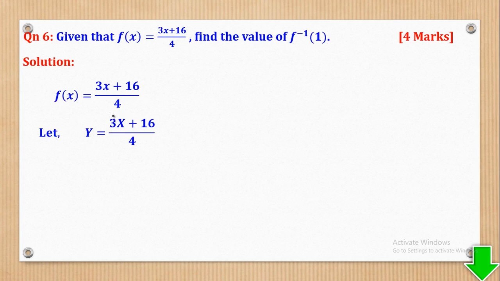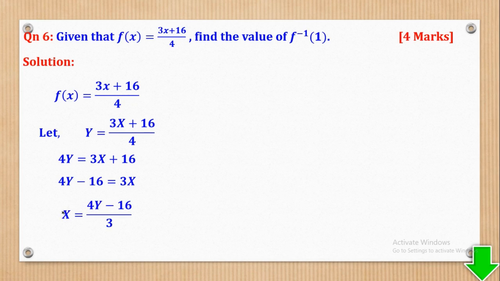So to make it the subject, we shall go step by step. First of all, we shall cross multiply, bring this 4 this side to come up with 4y is equal to 3x plus 16. After that, we shall take this 16 this side to come up with 4y minus 16 is equal to 3x. And after that, we shall divide both sides by 3 to come up with x being equal to (4y minus 16) over 3.